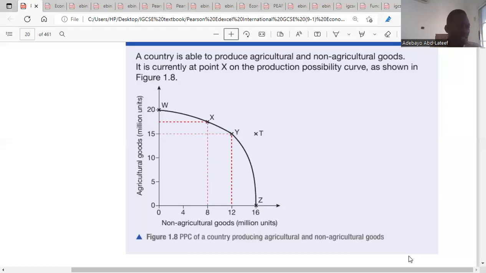That is opportunity cost. Now, the economy has been able to increase the capacity of non-agricultural products by reducing the output of agricultural products. So what is the sacrifice made here? The country has increased non-agricultural goods by 4 million and reduced agricultural goods by 2.5 million. So what is the sacrifice made here?